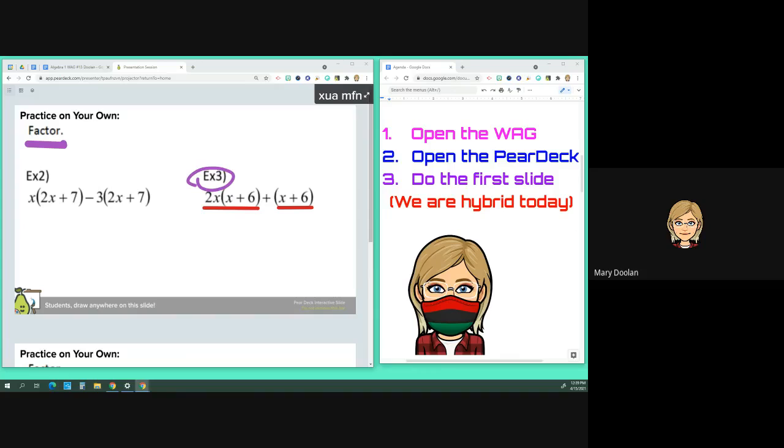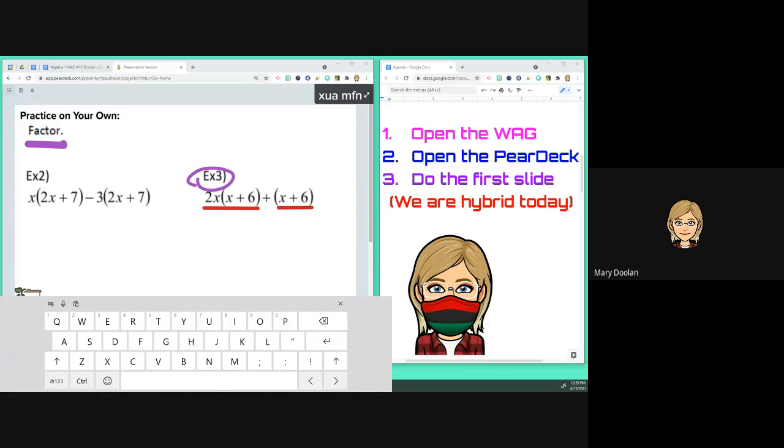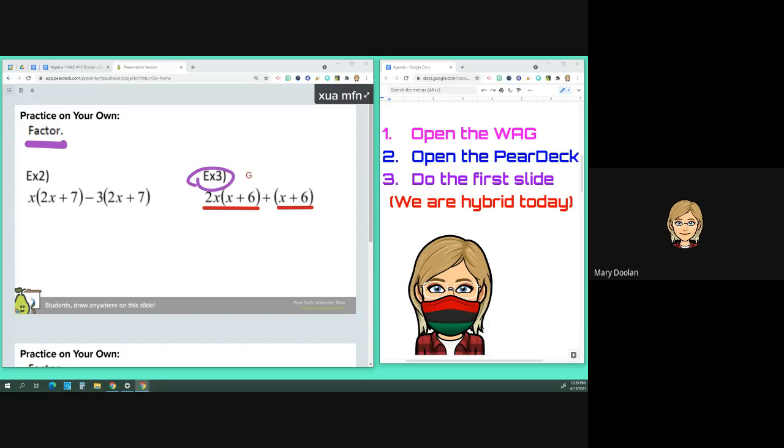Our GCF is going to be a binomial. Binomials are polynomials with two terms. So our GCF here is the quantity x plus 6.